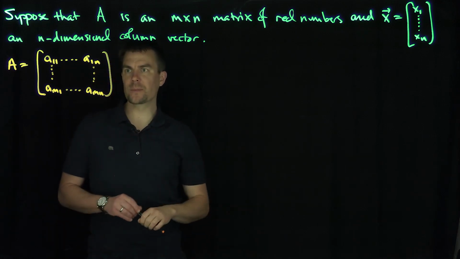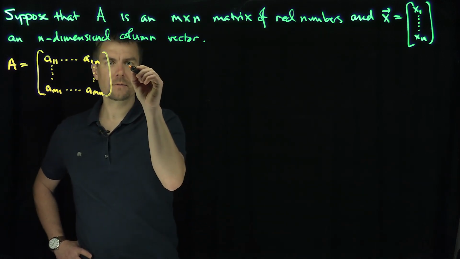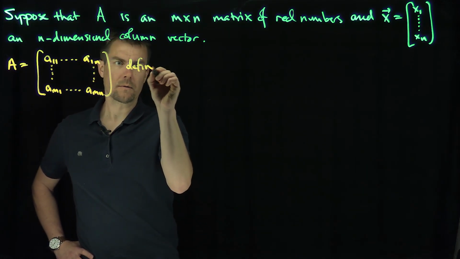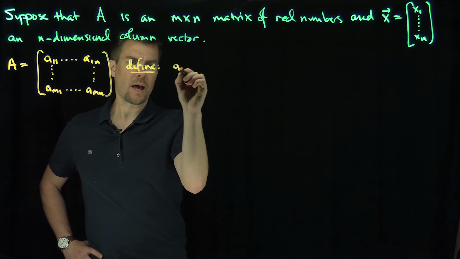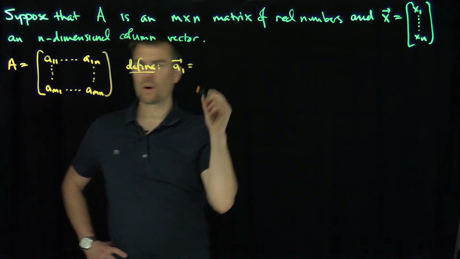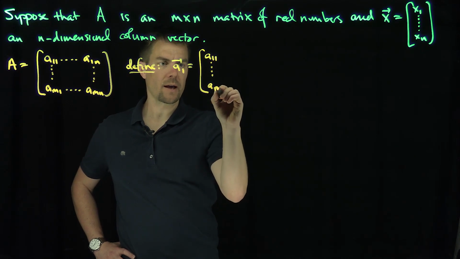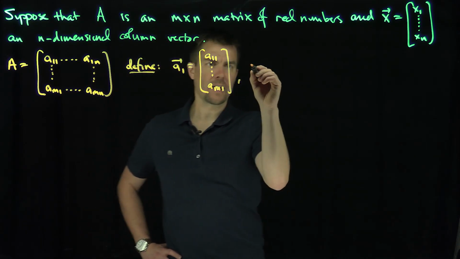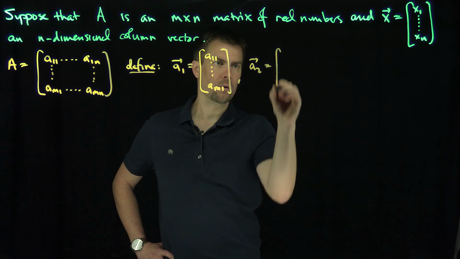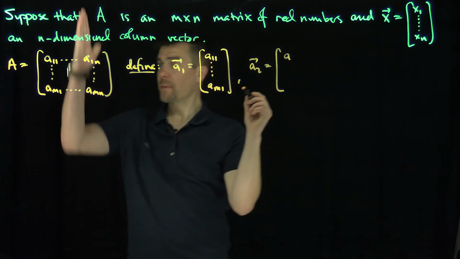And what I'm going to do now is define A1. And what will A1 be? A1 is going to be this first column vector, A11 down to Am1. I'll define A2 to be my second column.